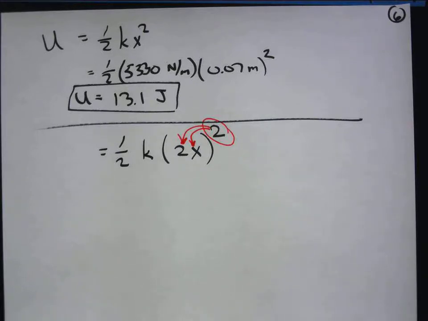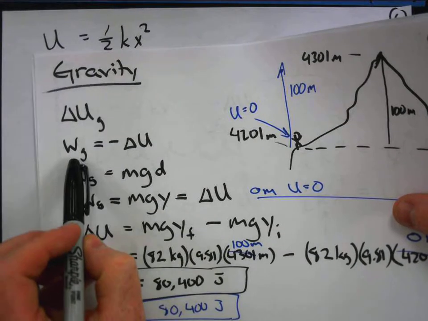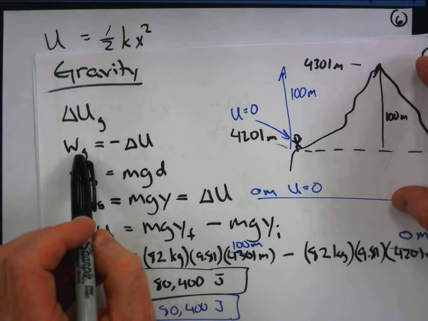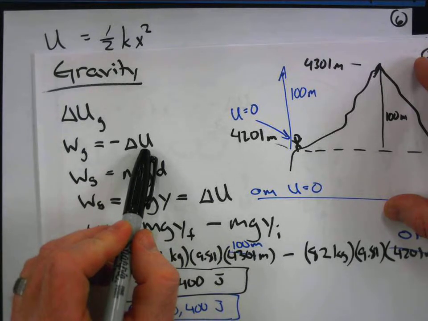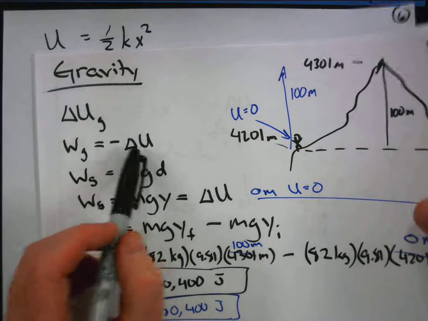It will reduce the gravitational potential energy of an object. And that comes back from this relationship where the work done is equal to the opposite of the change in energy. So the work done by gravity itself is going to decrease the stored energy. The work we do against gravity will increase the stored energy.